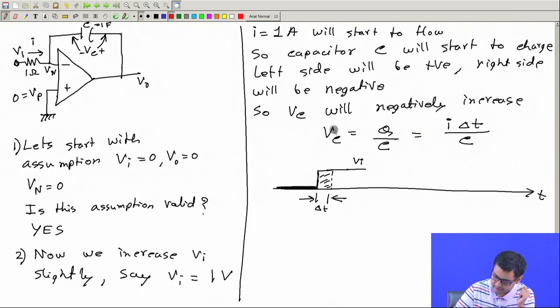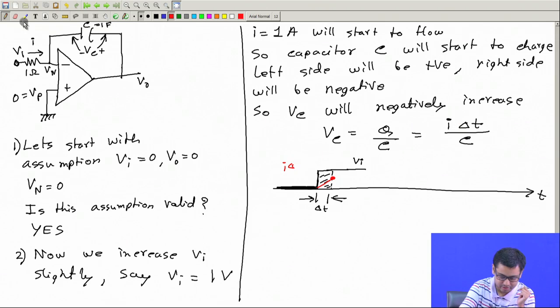Vc initially was 0, there was no charge across the capacitor. Now Vc is increased to some value. So this height is I delta t by C.